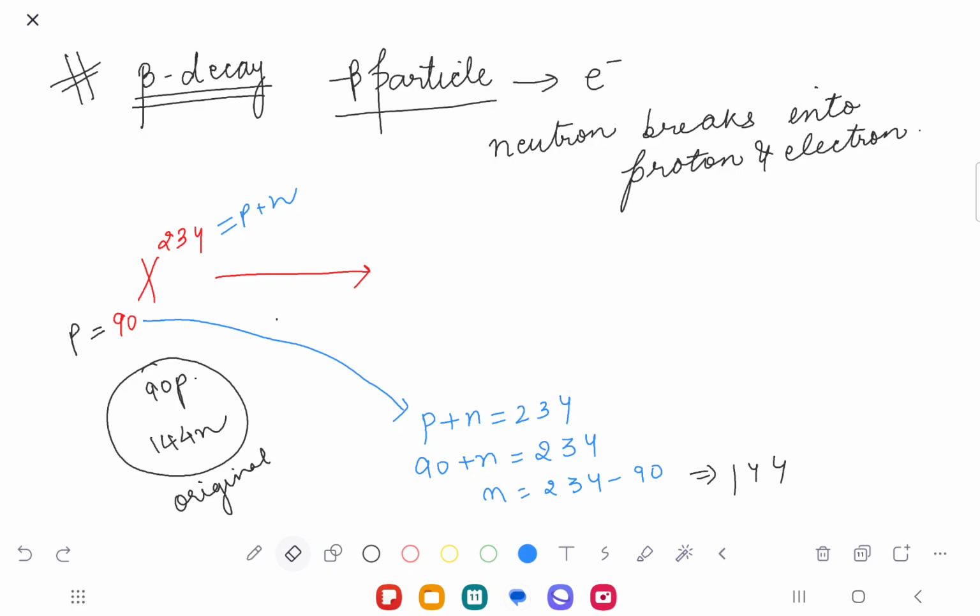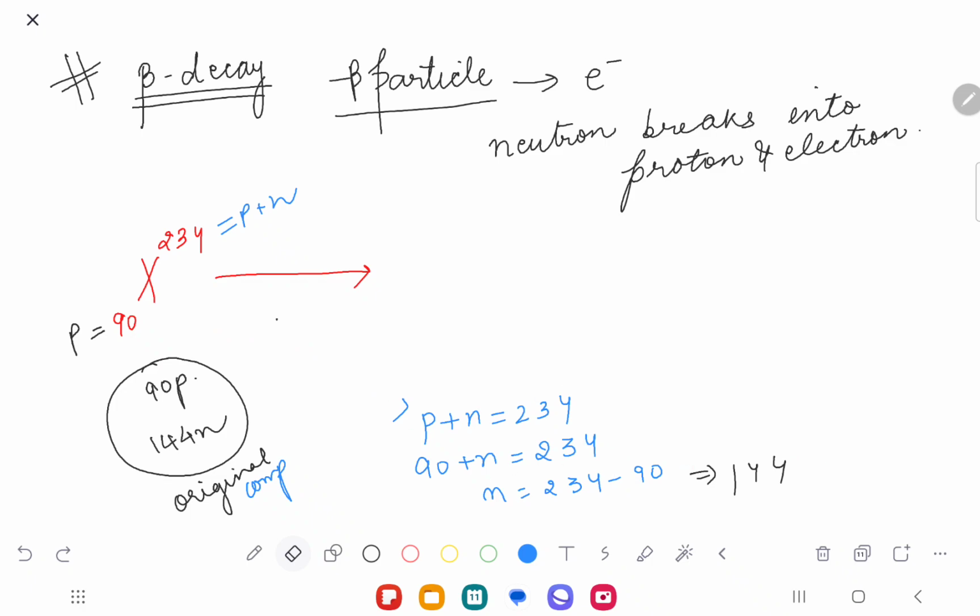You understand? So from here, what exactly is going to happen? You tell me. Now we have to figure out the original composition. We did that. And now a beta decay has to take place. How does that beta decay take place? Just understand.